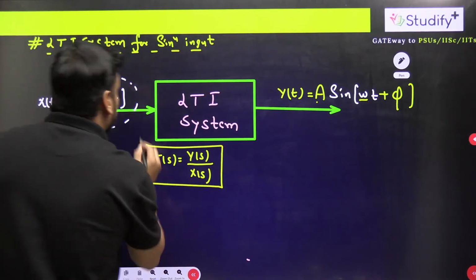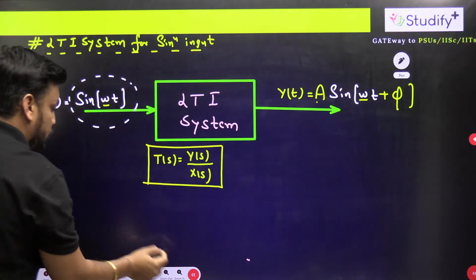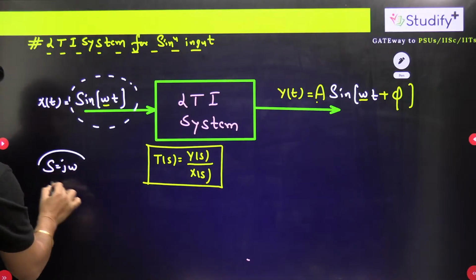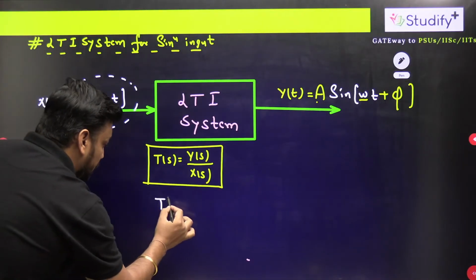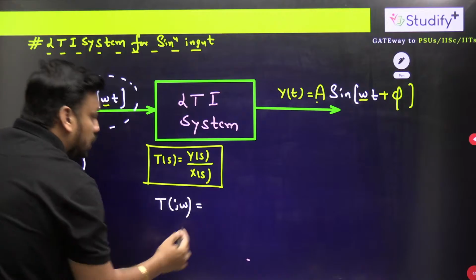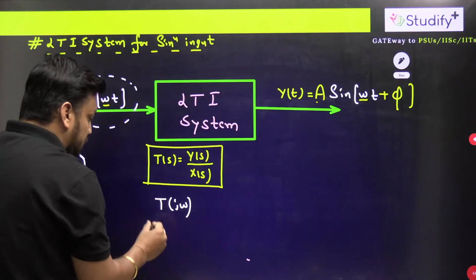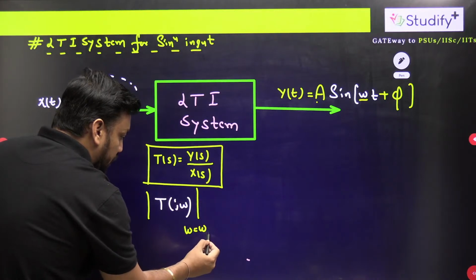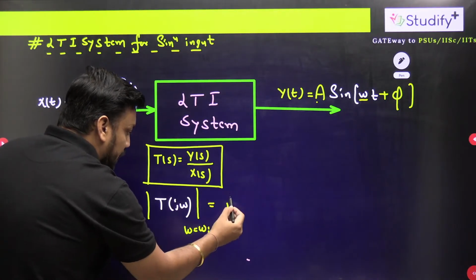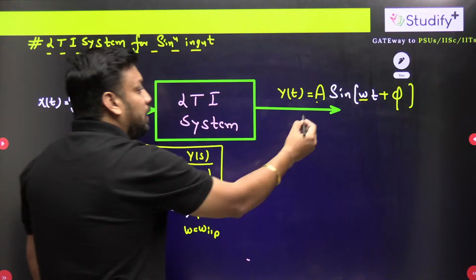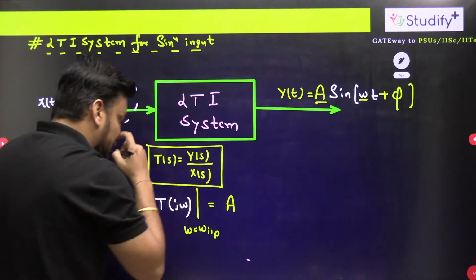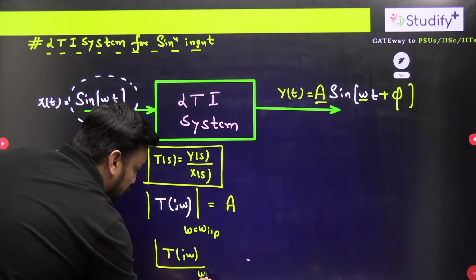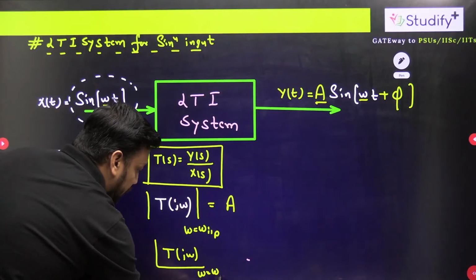Now in the frequency domain analysis, the first thing we should always do in the LTI system is put s equal to j omega. So your transfer function will look like this, T(j omega). Now students, the magnitude of T(j omega) at omega equal to omega input will provide you capital A, which you need in the output. Similarly, the angle of T(j omega), the angle of the transfer function at omega equal to omega input, is equal to what?